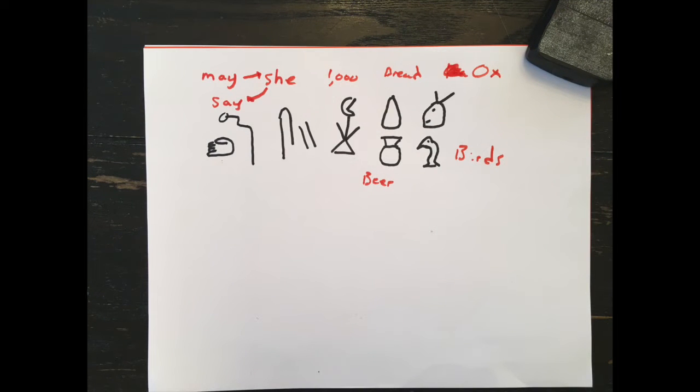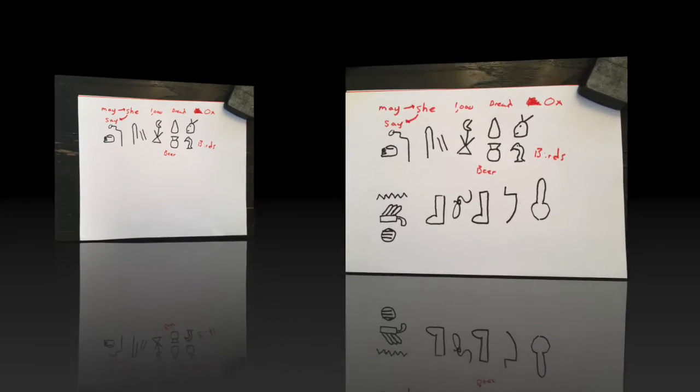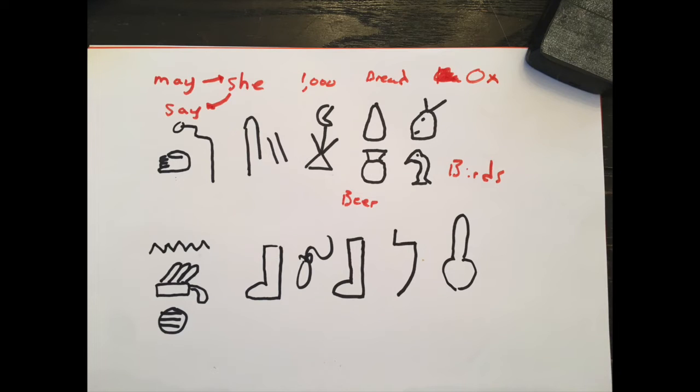So it's going to translate to may she say, and again, it would be may say she, but in English we're going to fix that to may she say. And then 1,000, the lotus, bread, ta, beer, hunka, ox, ka, and birds, opit.